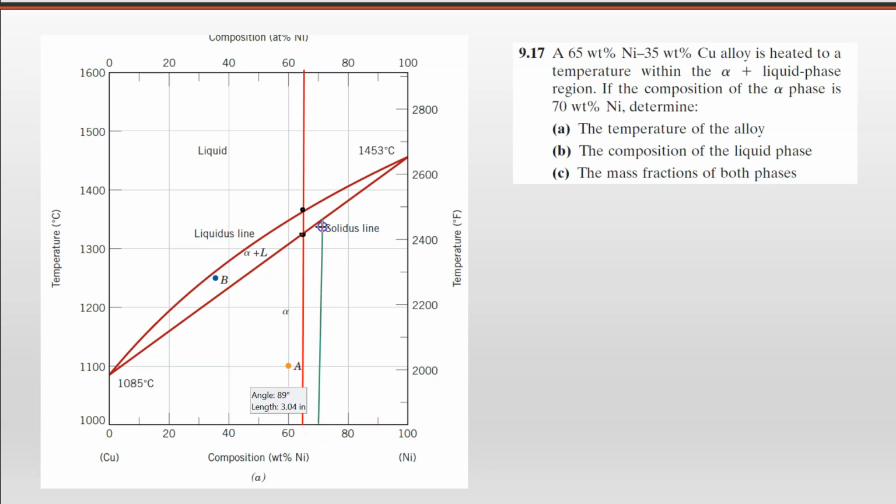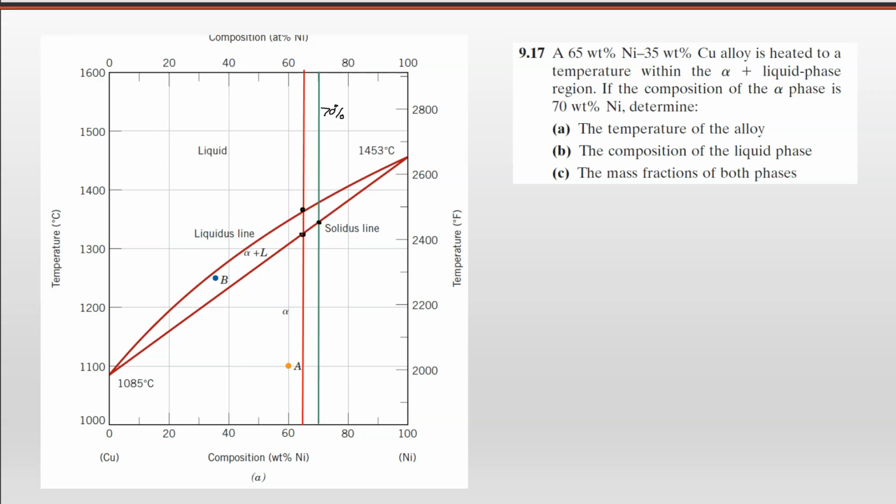This is 70%. There we go. So this is the 70 weight percent nickel composition. So we're somewhere along here. So the only place that occurs is at that point here on the solidus.